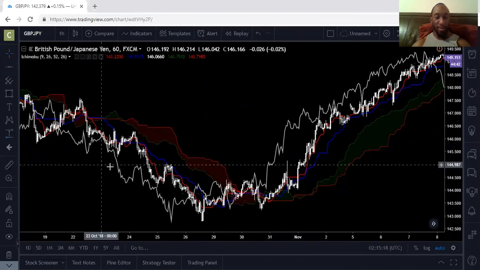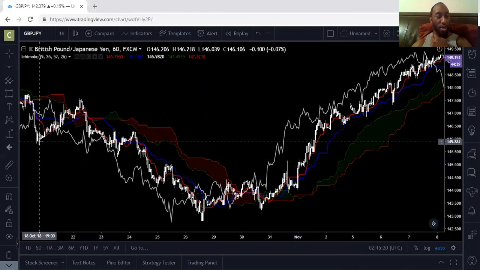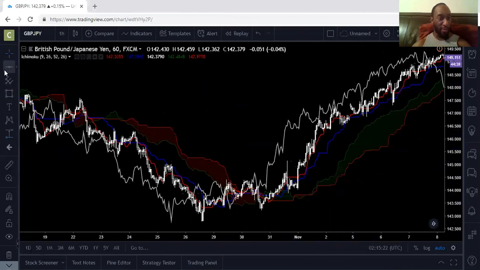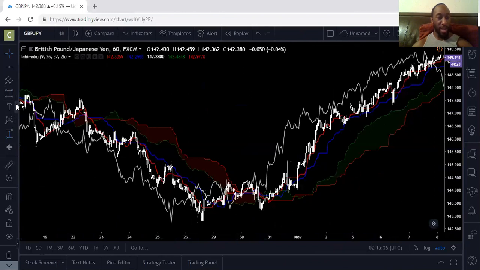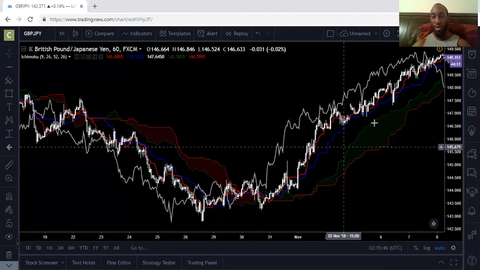But anyway, this is a trend indicator. So if you want to find trends and ride the trends as long as possible, Ichimoku is the best trading system to do that. You might not catch the whole trend, but if you want to catch the majority of the trend, Ichimoku is definitely an 80% when it comes to catching the whole trend.